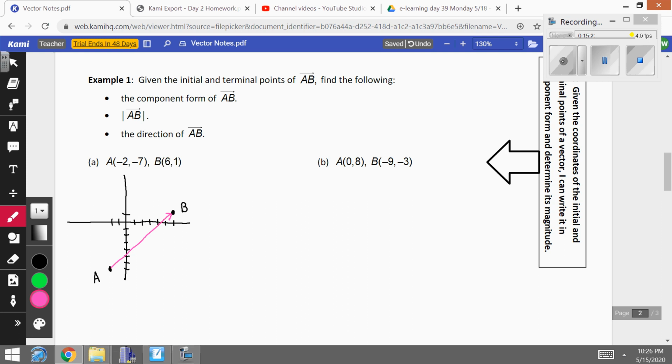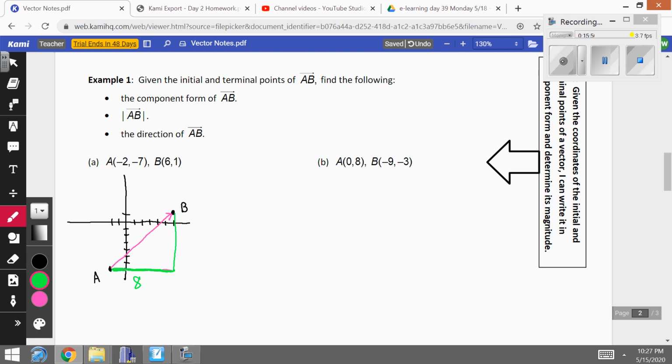All right, so if we look at this, same idea. Notice I had my initial point at A and my terminal point at B. We want to find the same ideas. Let's think about how far apart they are. If we are starting at -2 and going all the way over to 6, that really has a distance of 8 between.